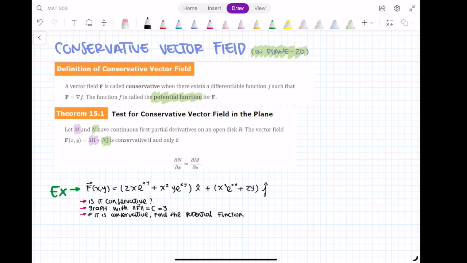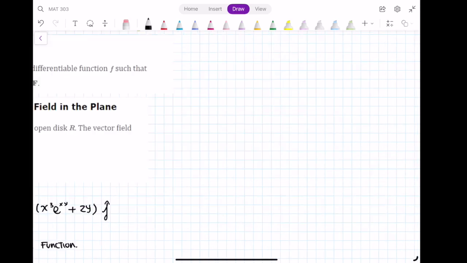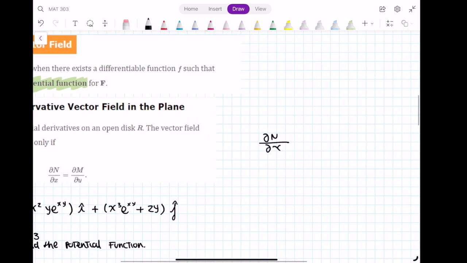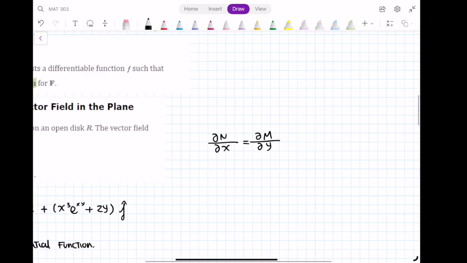Here we can make a little note. We know that the partial of N with respect to x will be equal to the partial of M with respect to y, and this comes from this.